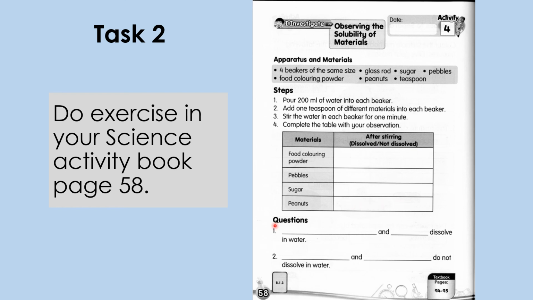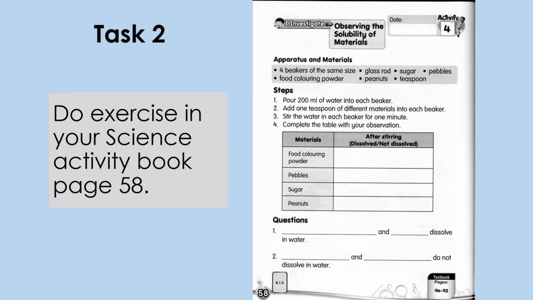Now, questions. Number 1: blank and blank dissolve in water. In this empty space for number 1, you have to write the names of materials that dissolve in water. You take the names of materials from this table.